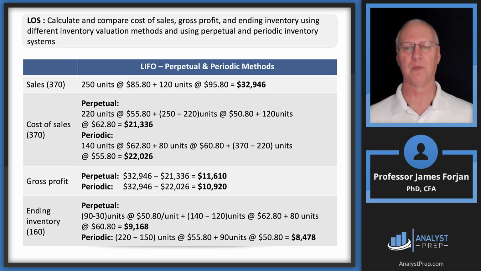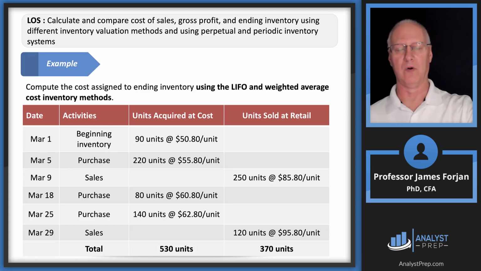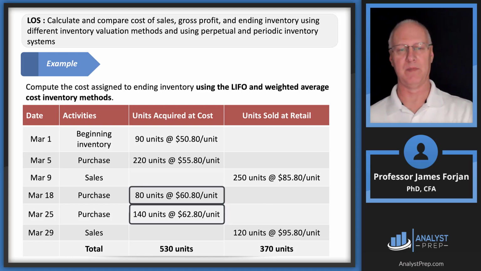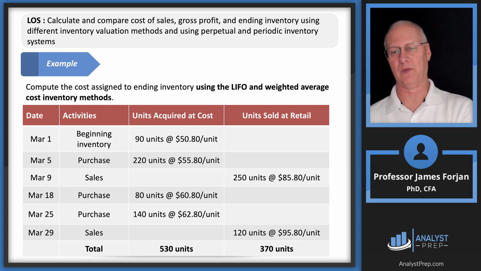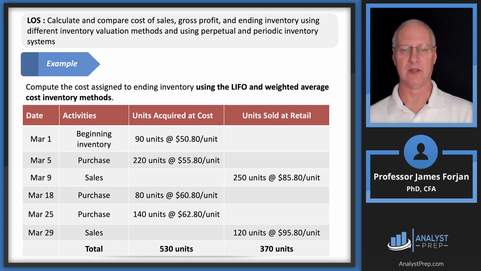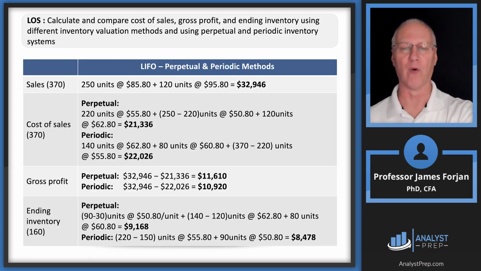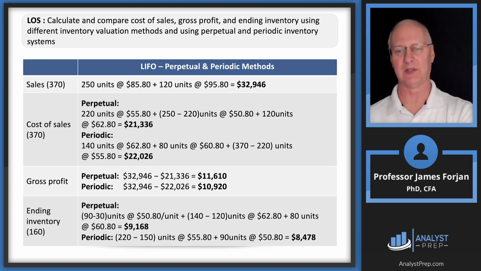That gets us the first part. Plus, what did we do? We know that on March 18th and on March 25th, we bought 80 and we bought 140. And on March 29th, we sold that 120. So we need to assign a value to the 140 minus the 120, the 20 units that we bought at 62.80, plus that entire amount.